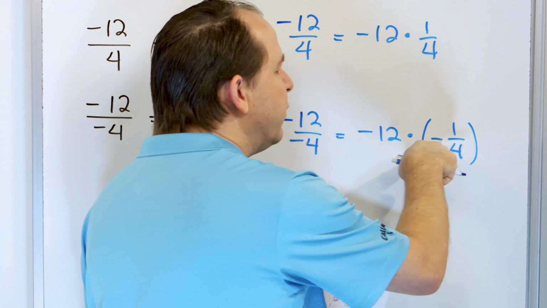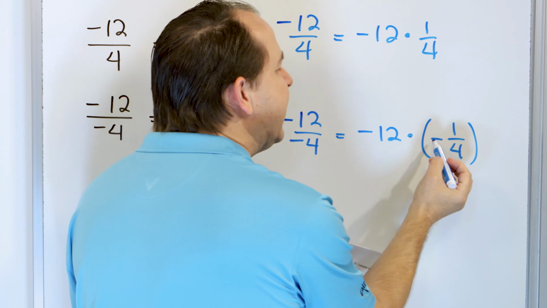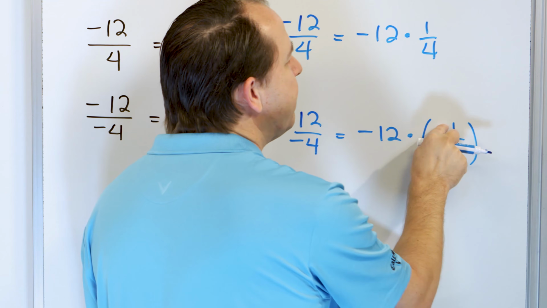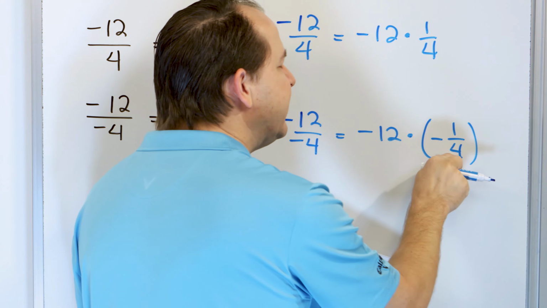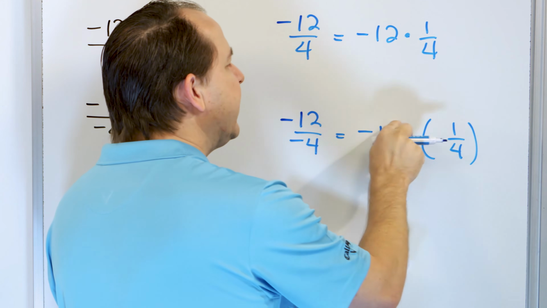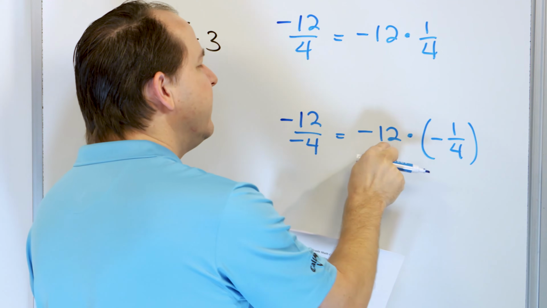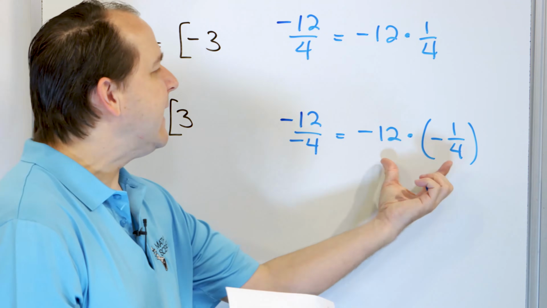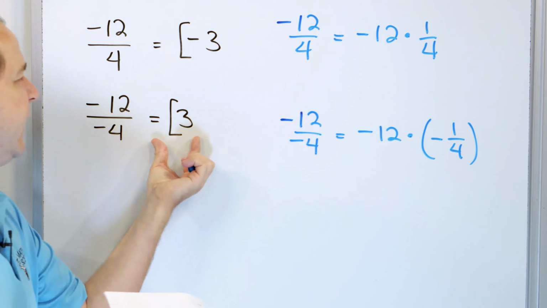So this negative sign, when it's in front of a fraction, I'm writing it as the fraction is negative 1/4, but really this sign can float up or down. So if I float it down to the denominator, then negative 12 times the 1 gives us this. The invisible 1 down here times negative 4 gives us this. So you see, I'm writing it as a multiplication. Negative times negative again gives us positive.